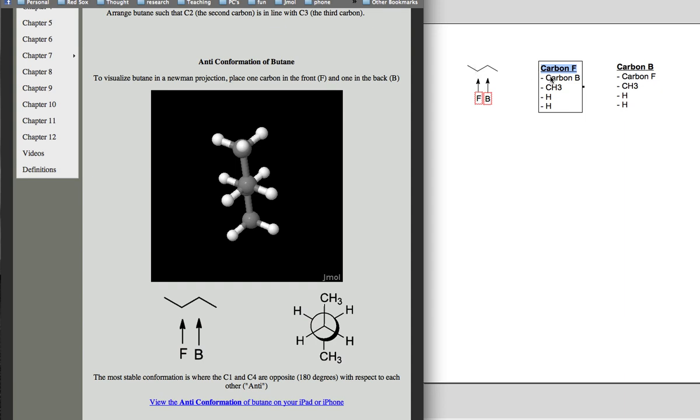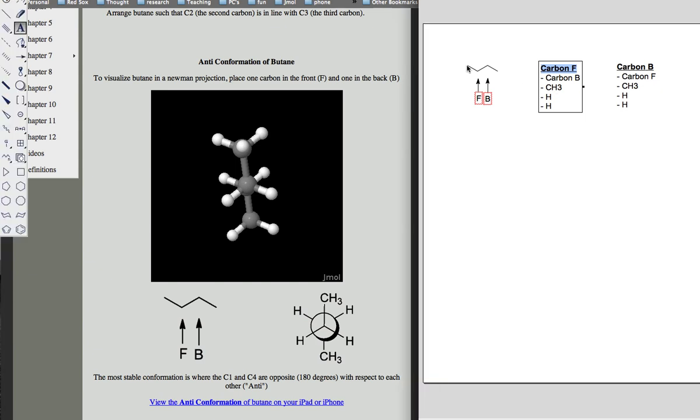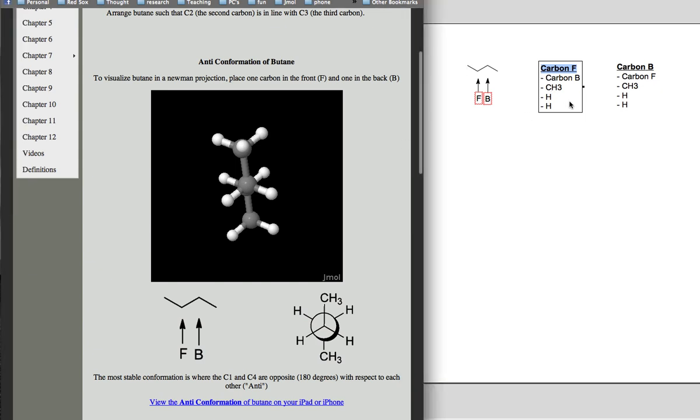Here we have obviously the carbon in back, a methyl group here, and two hydrogens. In the back carbon, we have the carbon in the front, a methyl group, a hydrogen, and a second hydrogen. Obviously, they're not shown as this is the hydrogen suppressed format.